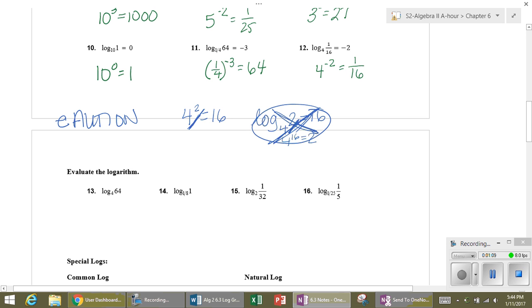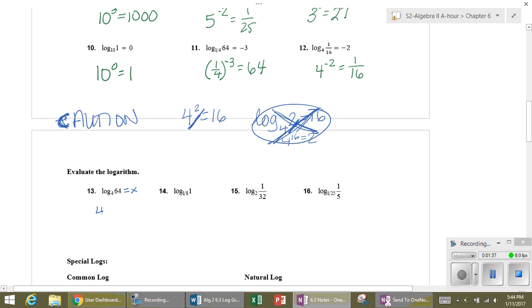All right, so the next part of our notes goes into evaluating the logarithm. And in order to evaluate the logarithm, I like to say equals x, because this is what I want to do. Right now this is in log form, and I know this is a silly question, but how do I know that this is log form? Well, because it has the word log in it. So let's get rid of the word log by rewriting it in exponential form.